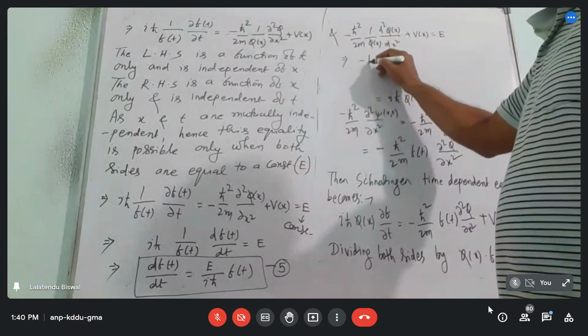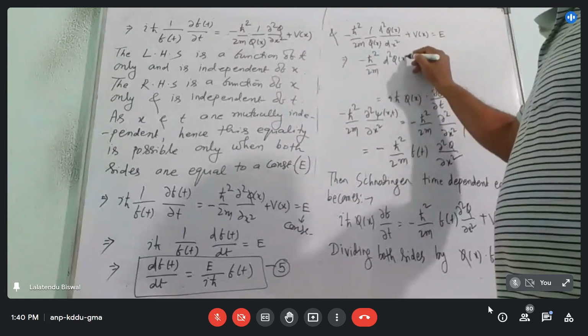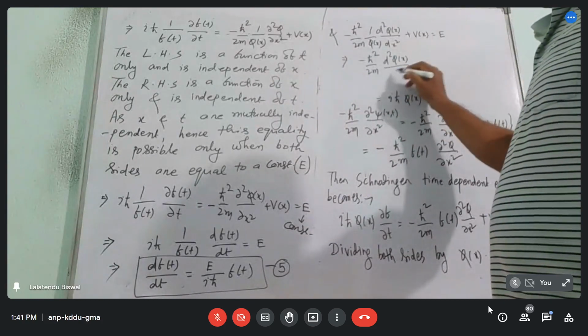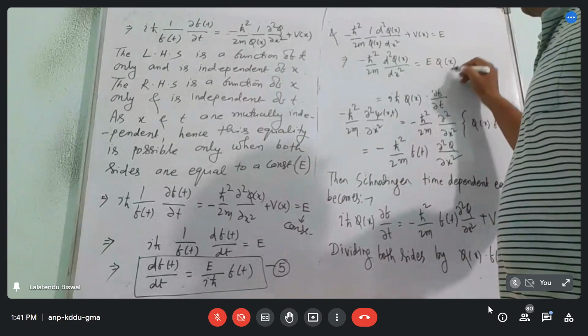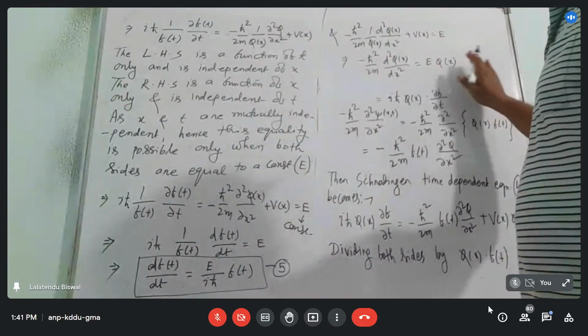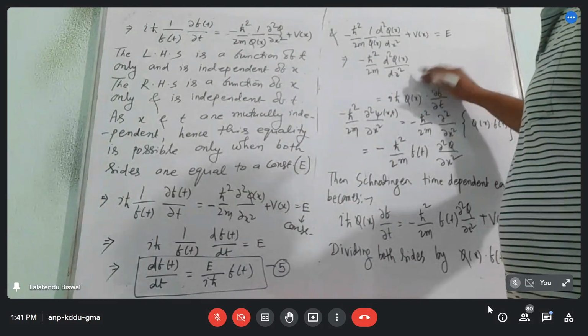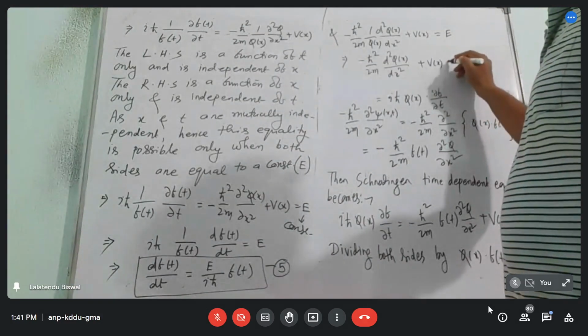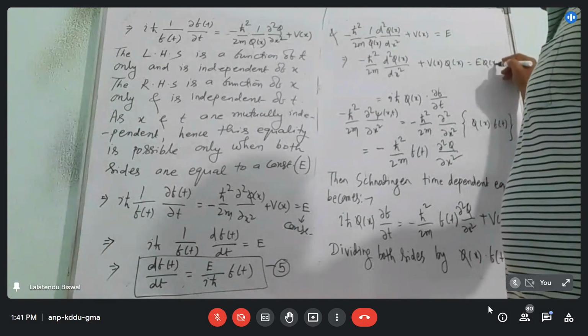That means minus ħ square by 2m d square phi x by dx square plus Vx phi x is equal to E phi x.